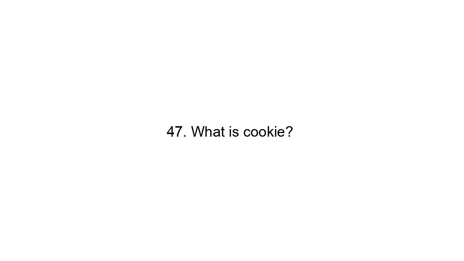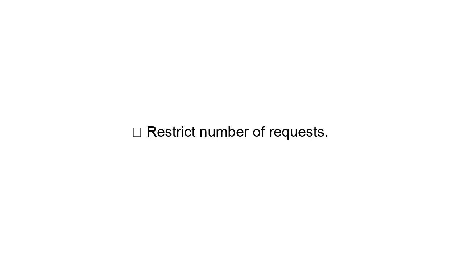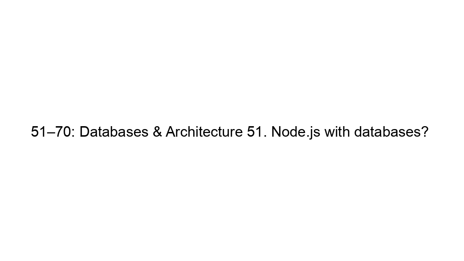47. What is cookie? Small data stored in browser. 48. What is session? Server-side user data storage. 49. Cookie versus session. Cookie means client, session means server. 50. What is rate limiting? Restrict number of requests. Questions 51 to 70, databases and architecture. 51.